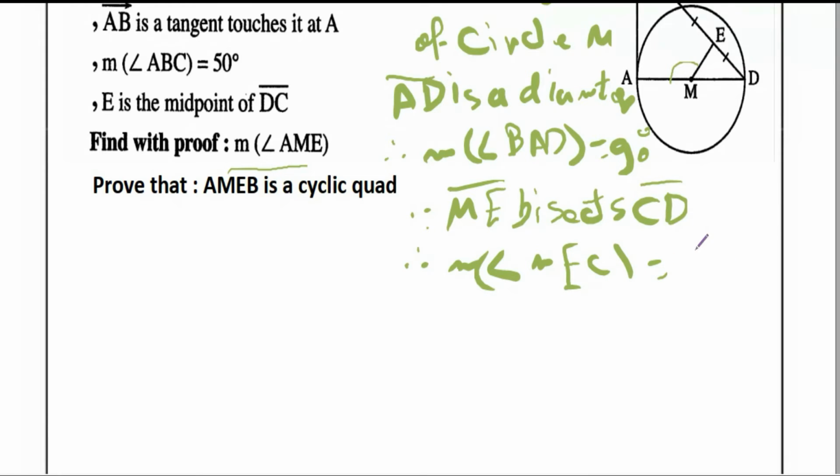Look at the quadrilateral AMEB again. The sum of measures of the interior angles of the quadrilateral AMEB equals 360.